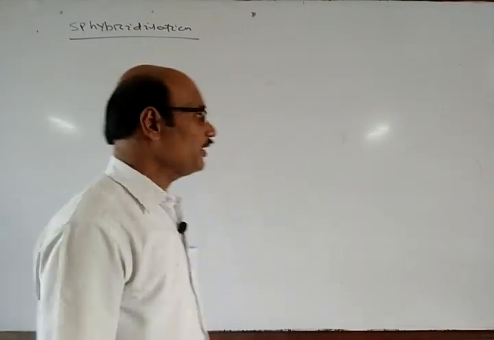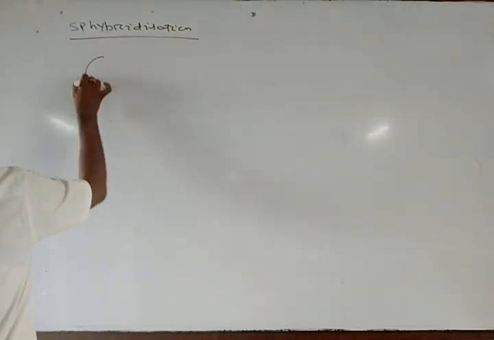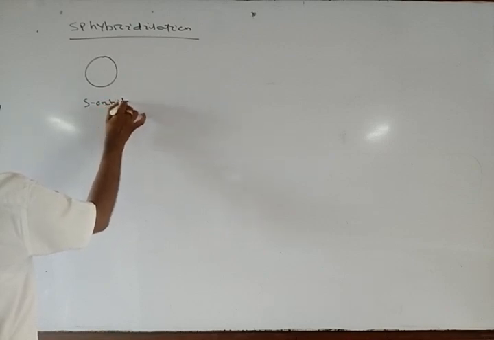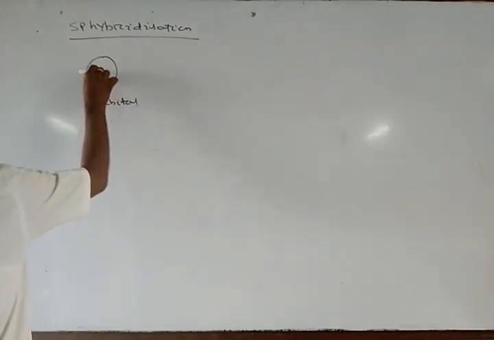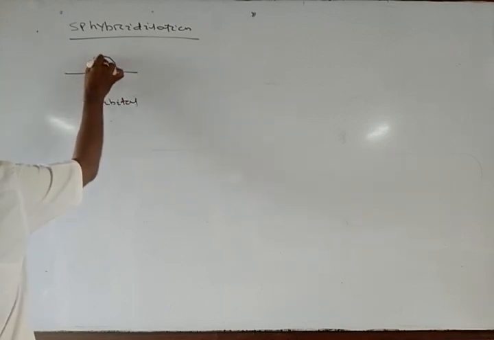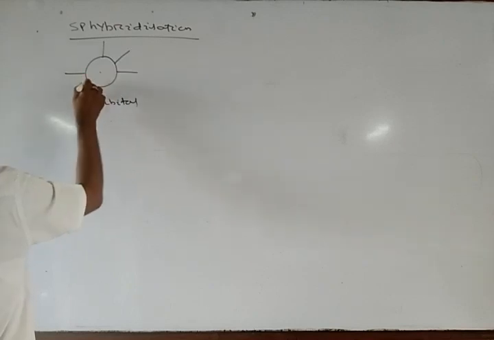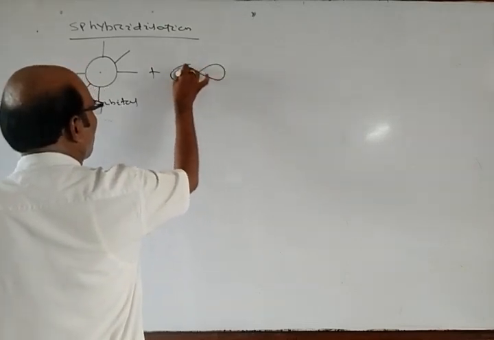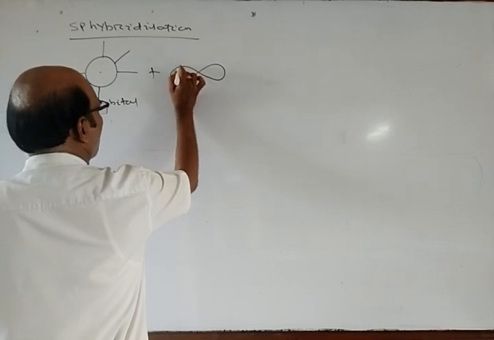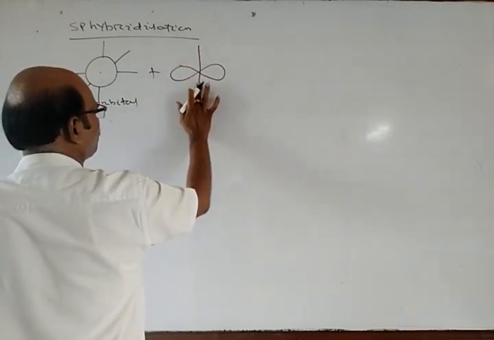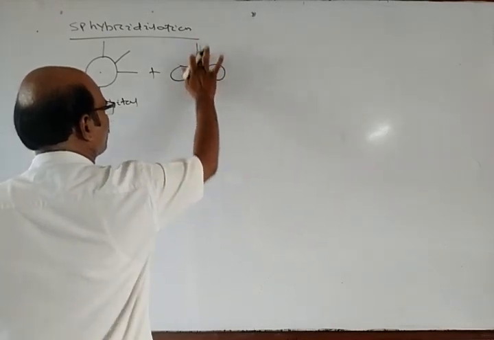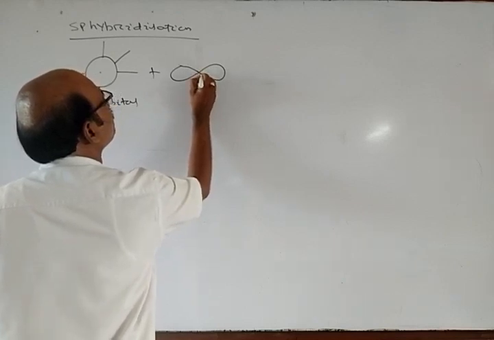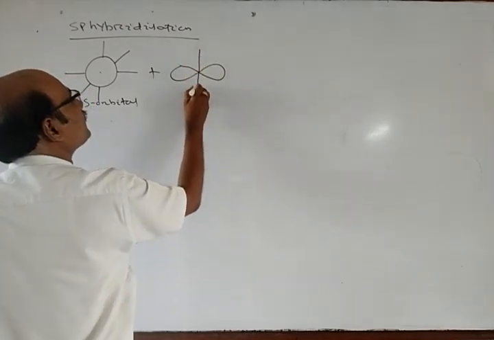So if you take one s orbital plus one p orbital.